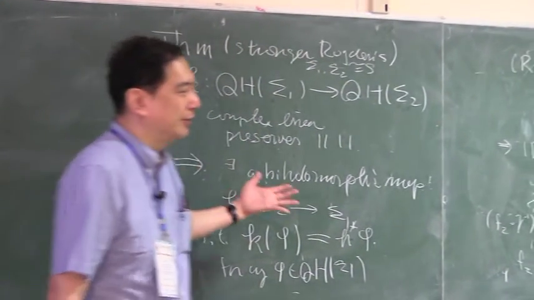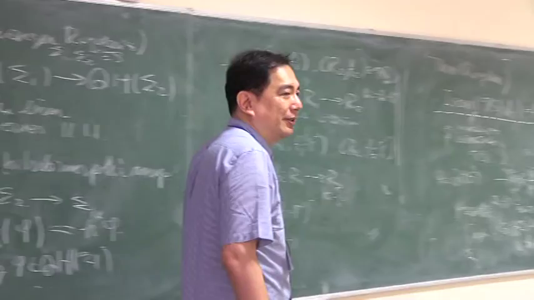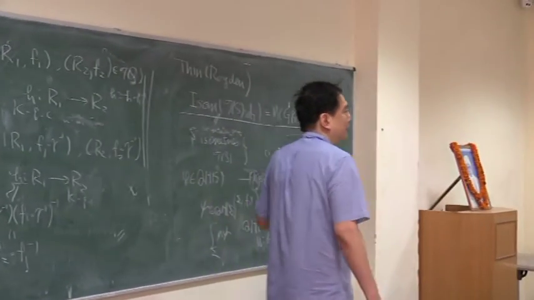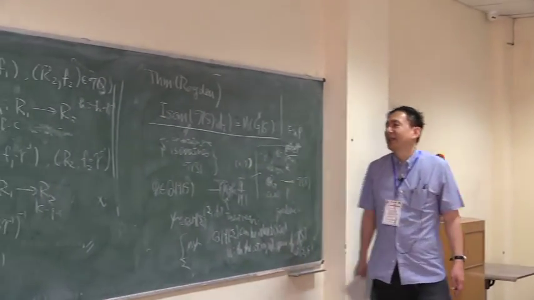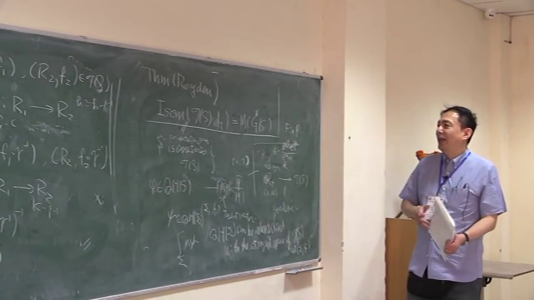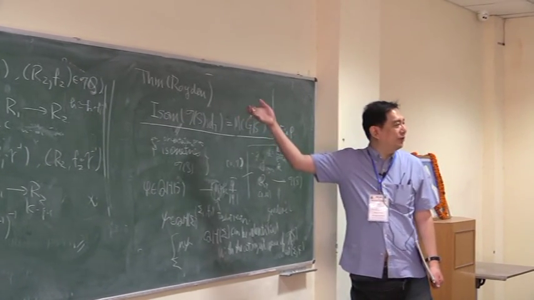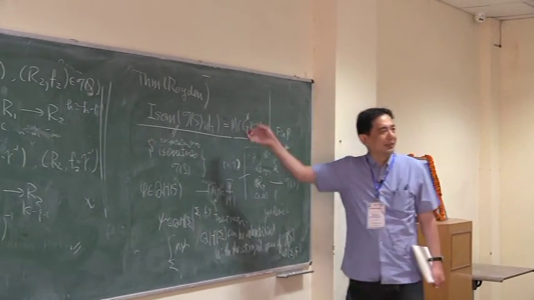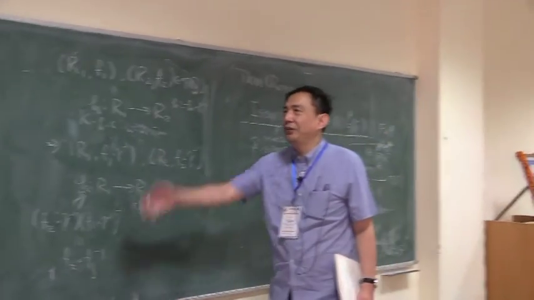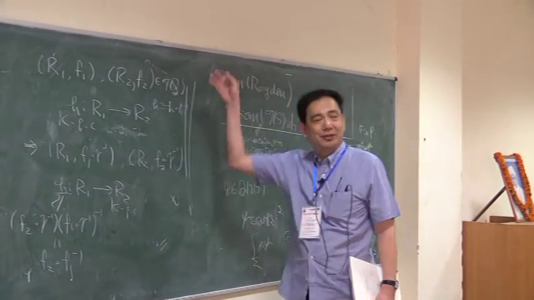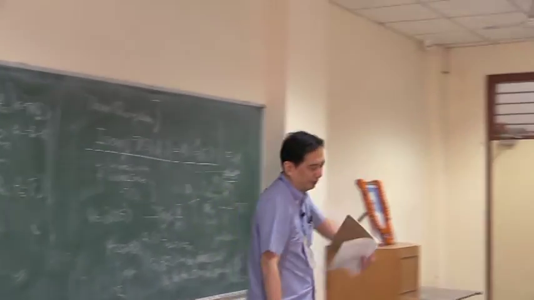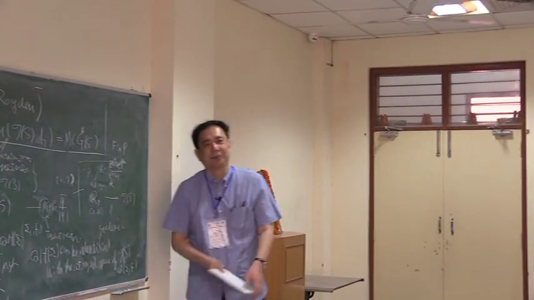So the cotangent space determines the structure of the Riemann surface. That's what it says. Actually, this is an infinitesimal version of the previous theorem. I will show you tomorrow how this implies that. Okay, it's time to stop now. Thank you very much.